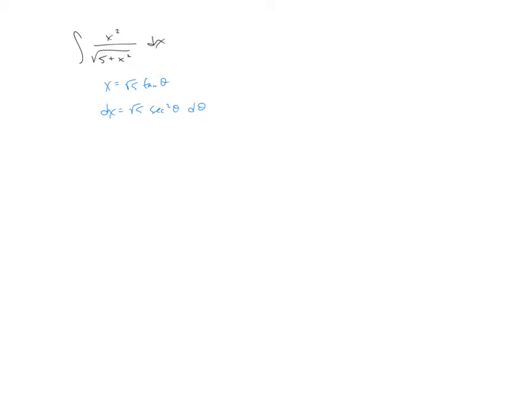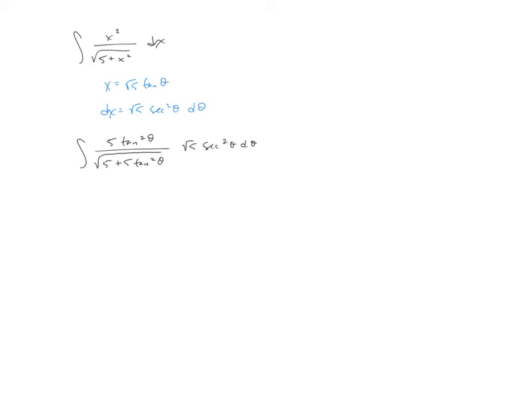We will have in the numerator 5 tangent squared theta, and in the denominator, 5 plus 5 tangent squared theta. And then the dx is replaced with root 5 secant squared theta d theta.